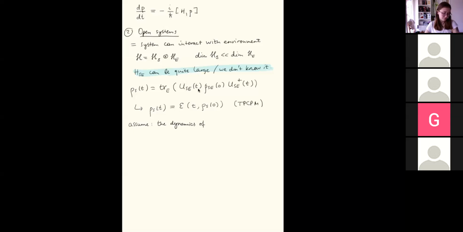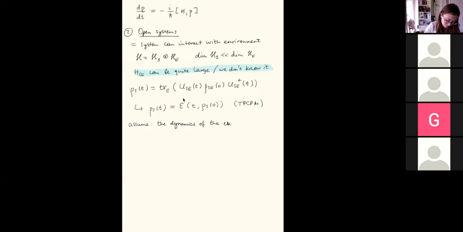In a sense, this allows us to neglect the previous correlations between the system and the environment when we are just considering this TP-CPM describing the evolution. So I'll explain it in a moment.